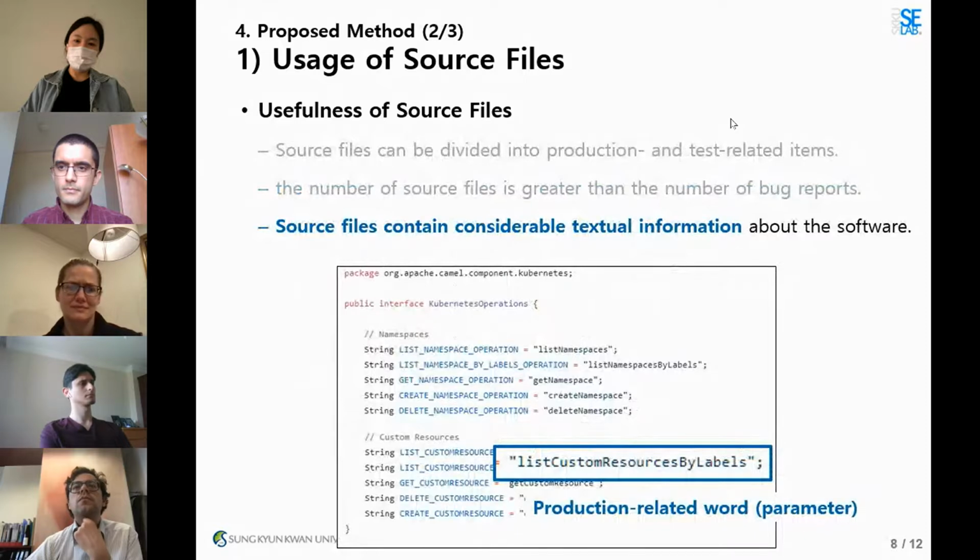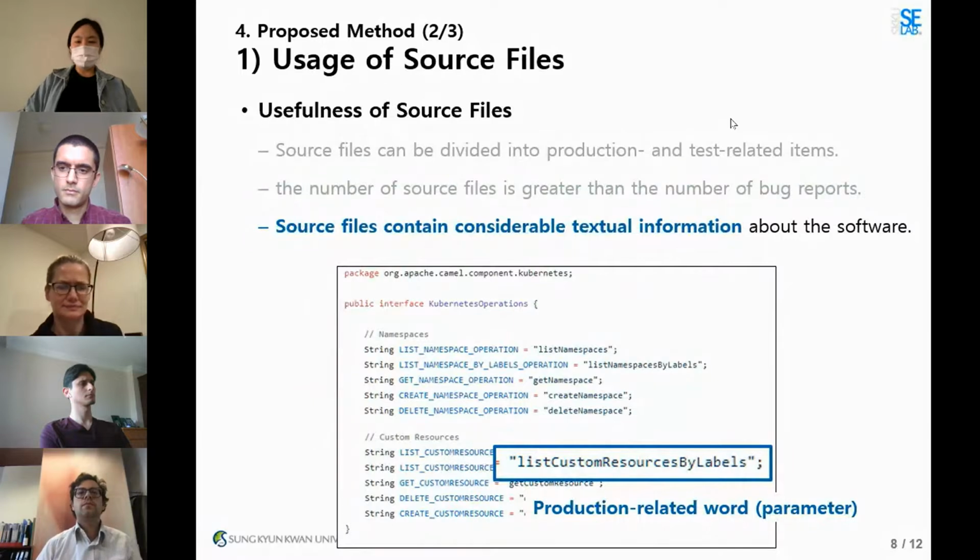In addition, the source files contained considerable textual information about the software. Therefore, source files are sufficient and less sparse dataset than bug reports to extract production and test-related textual features.